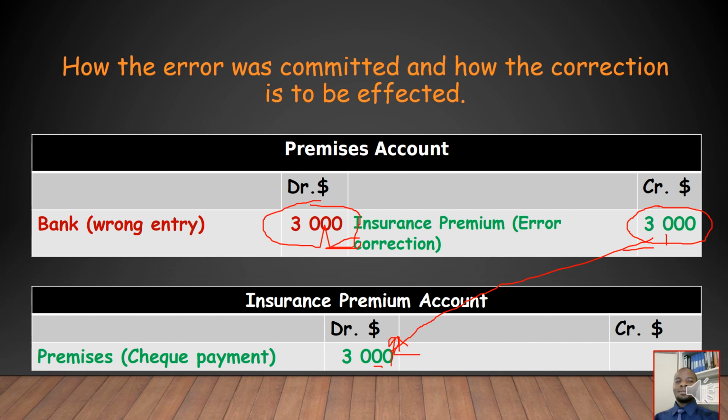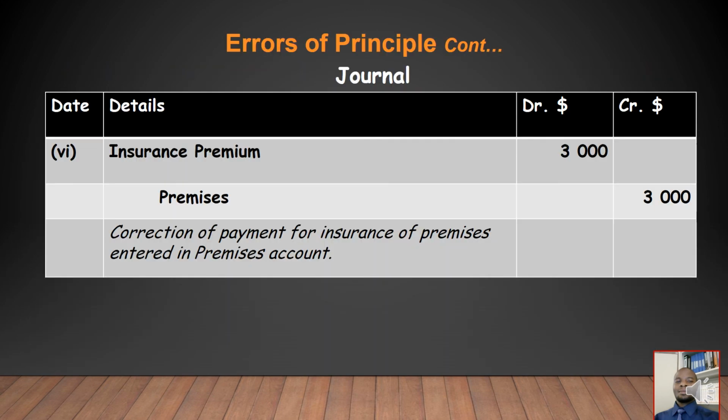How is this supposed to be done in the journal? In the journal, all that you need to say is you must credit premises account to remove the error, and you must debit insurance premium account to correct the error. This being the correction of payment for insurance of premises entered in the premises account.